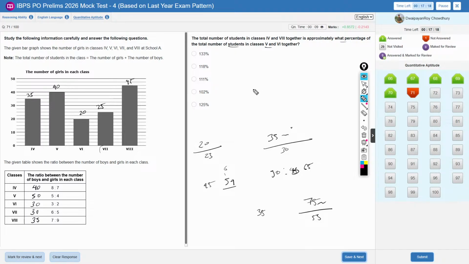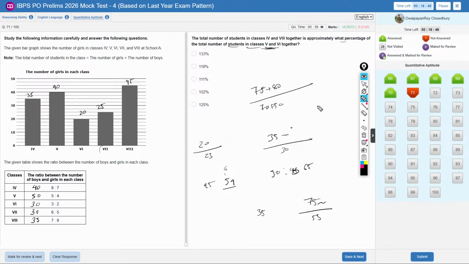Students in 4 and 8 together. So in 4, we have 60, sorry, 75, and in 8, we have 45 and 35, so 80. What percentage of the total number of students in 5 and 6? So in 5, it's 40, 30, 70, and in 6, it's 20, 30, 50.